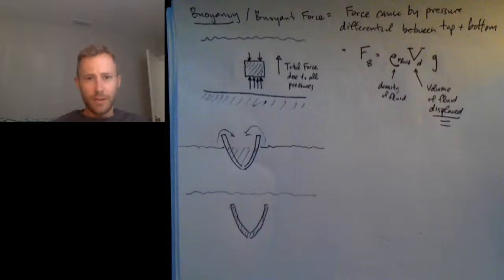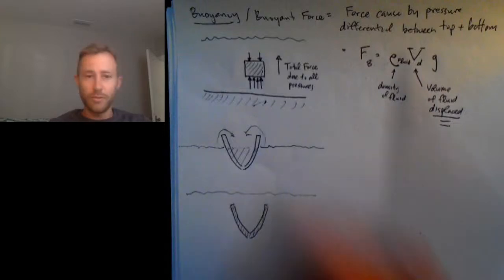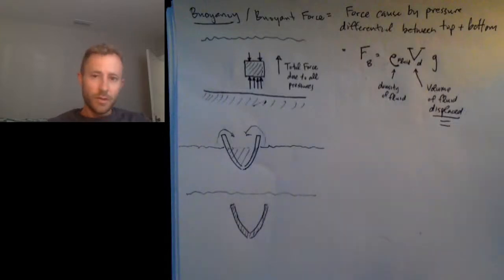So that is something about buoyant force. Another interesting thing about buoyant force is it depends on the density of the fluid. We mentioned that salt water is denser than fresh water, so things are more buoyant in salt water. You might have actually noticed this before.